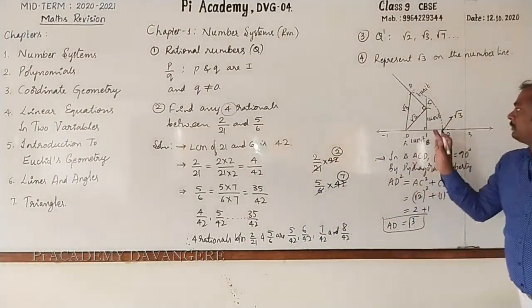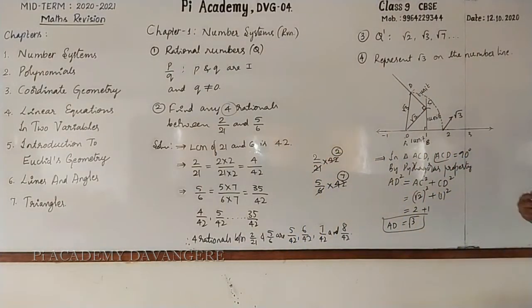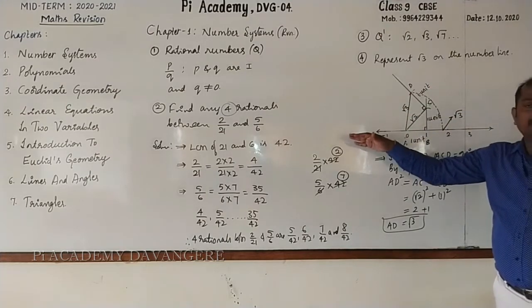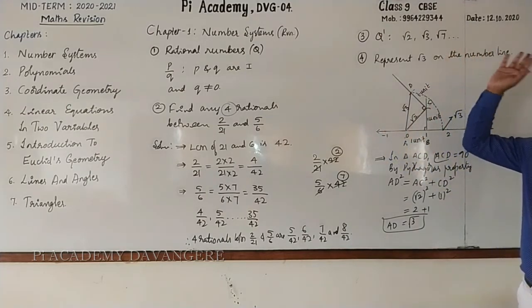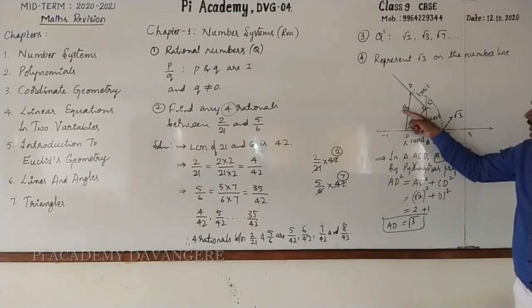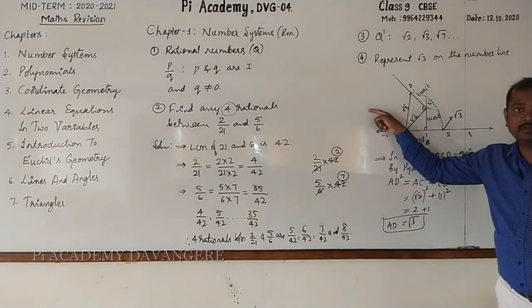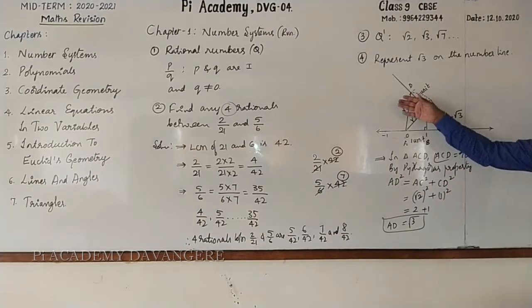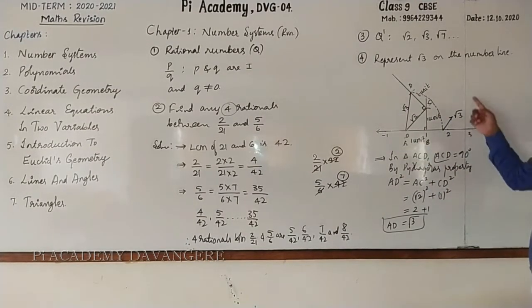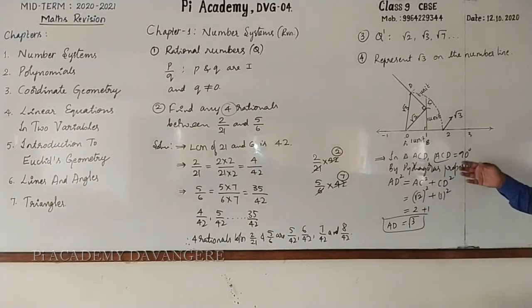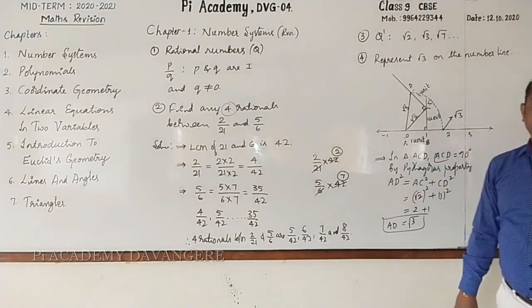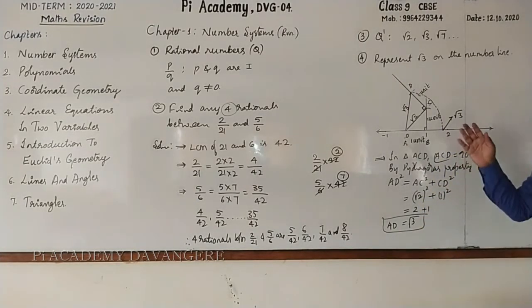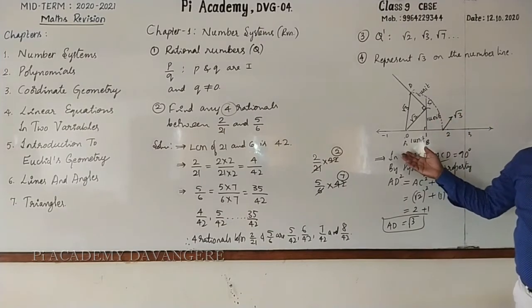This is how to represent root 3 on the number line. It can also be continued for root 5, root 7 and so on. Look at root 2, root 3, next root 4 will come, next root 5, root 6 and so on. If you go on following this method, you will get a spiral. Hence it is called the Theodorus wheel method or spiral method, also called the square root method.